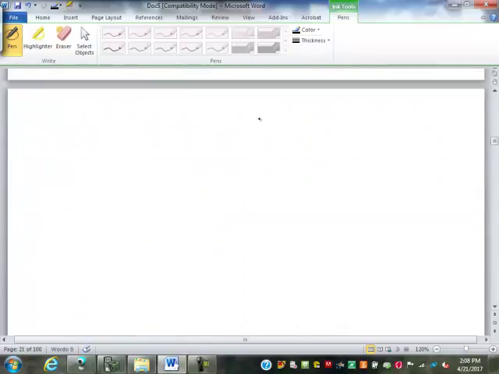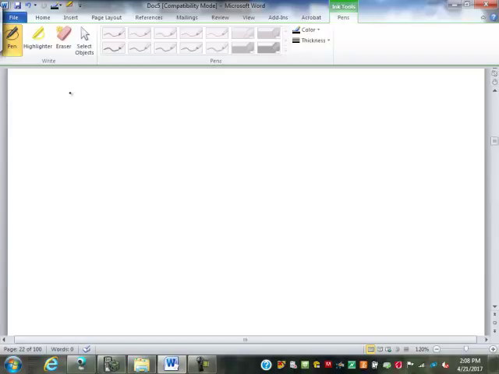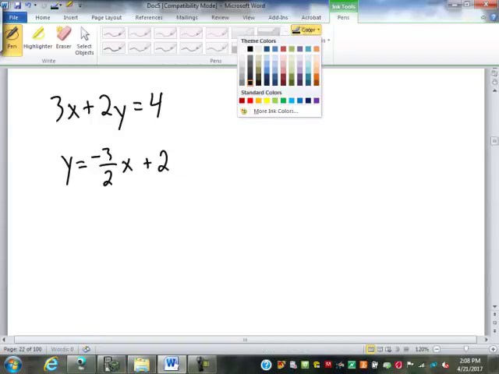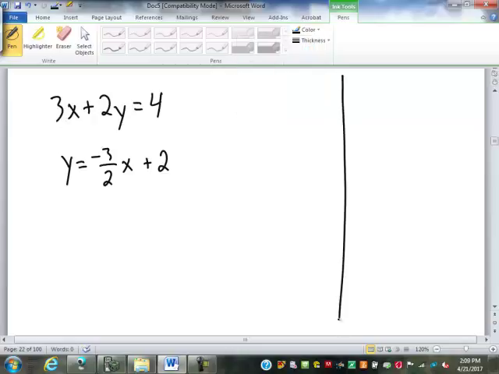Now we ran into some other possibilities. We might have something like this: 3x plus 2y equals 4, and y equals negative 3 halves x plus 2. We go to graph these.